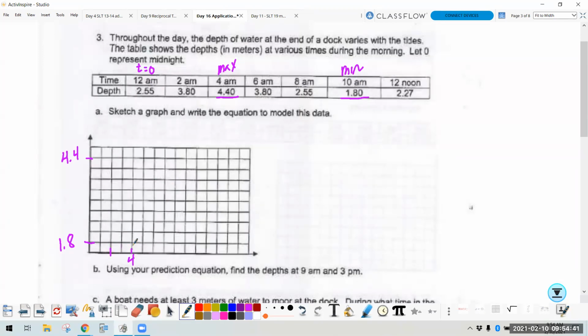Here's 4. 6, 7, 10. Now, I only have half a period here. The length between 4 and 10 is 6, so I'm going to go out another 6 units to get back to our maximum.